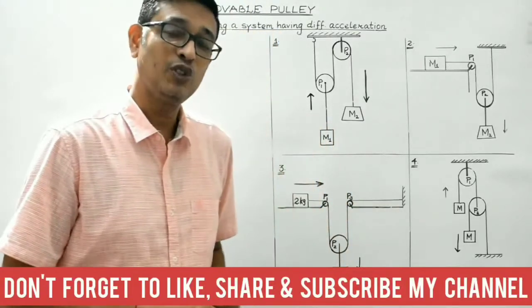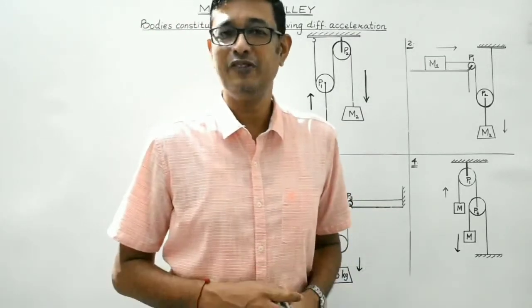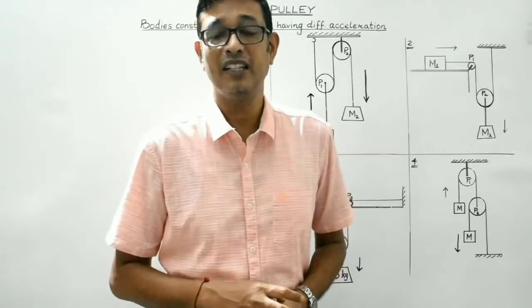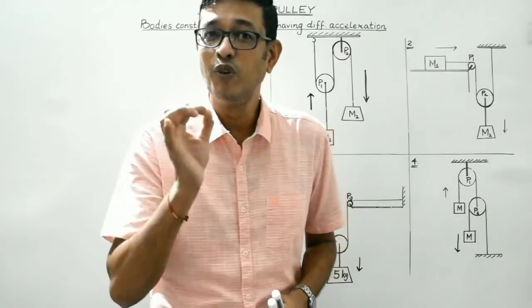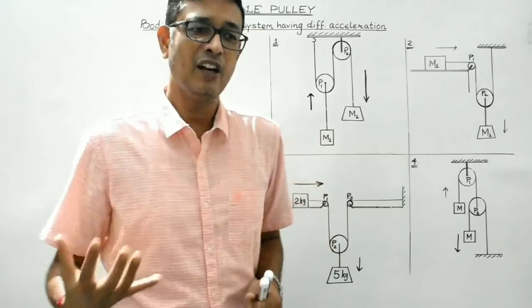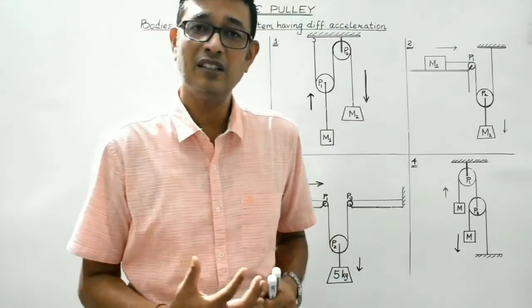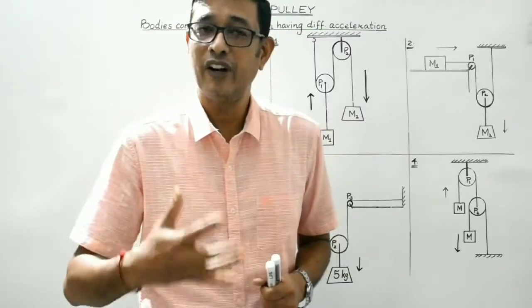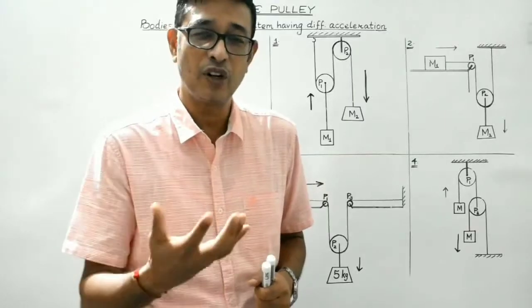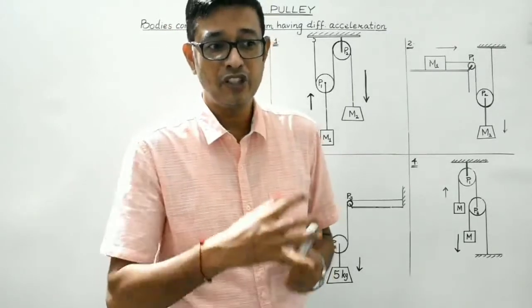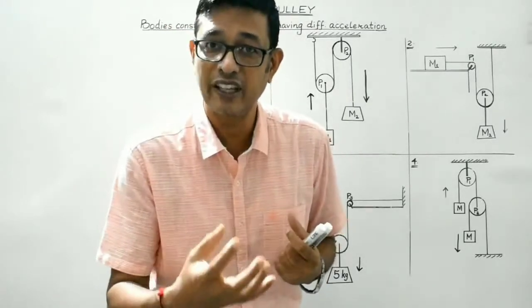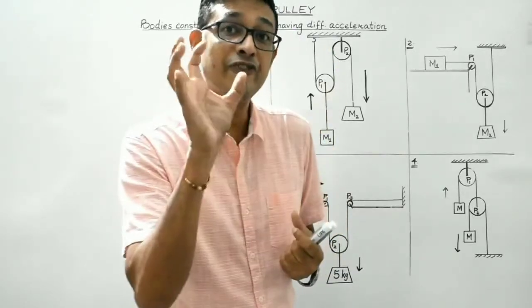So in this episode, we are going to discuss a very interesting concept, and that is the case of movable pulleys. Till now, we have discussed numericals based on finding the acceleration of the bodies constituting a system in which the bodies are connected through a string and over a fixed pulley.